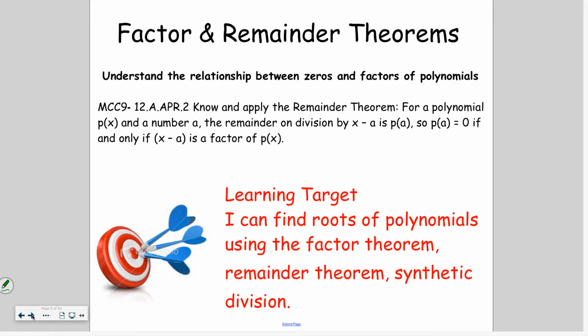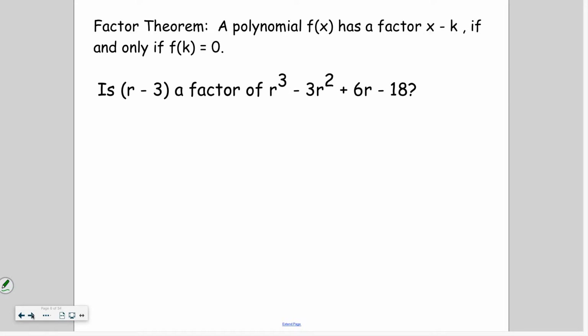All right, so factor and remainder theorems. We're going to factor and see if the roots that we have, or if what we are given, the factor that we have, is truly a root. Okay? So a polynomial f of x has a factor x minus k if and only if you get 0.